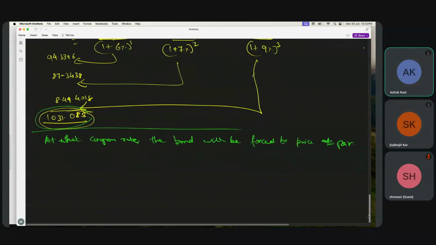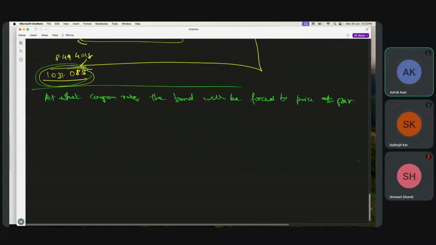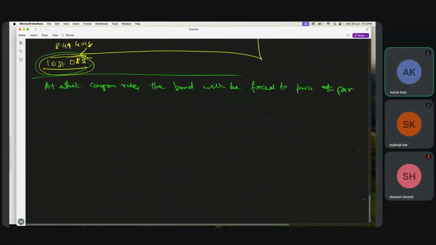So how to find this out? There is a formula for this. The swap rate, or par rate, is equal to 1 minus Z3 divided by Z1 plus Z2 plus Z3. What are Z1, Z2, Z3?